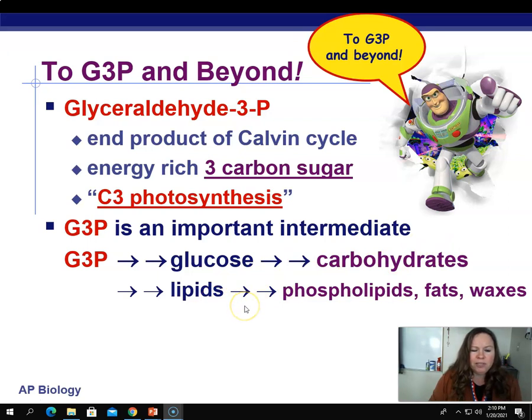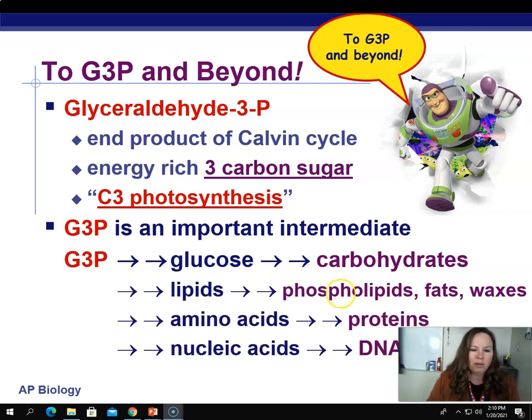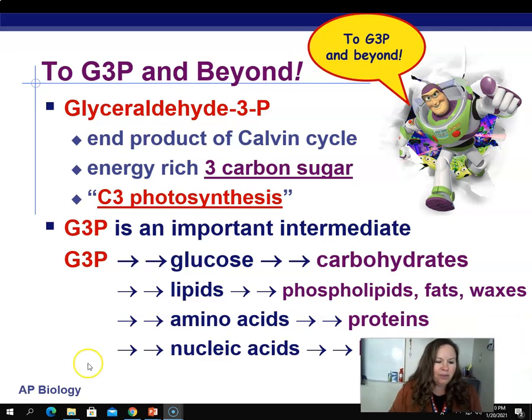Remember some of the uses of carbohydrates that plants have. They store starch. They need to build a cell wall out of cellulose. They need glucose because they have to make ATP in their mitochondria as well. So this G3P stuff becomes pretty useful. And plants and other producers can make their own. How remarkable is that? And they can even use it in making proteins and DNA and RNA.